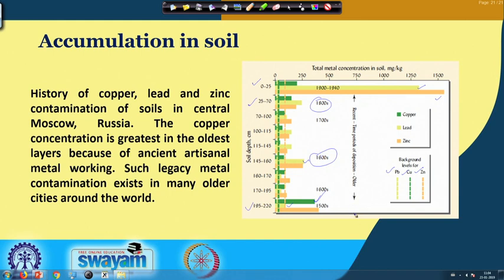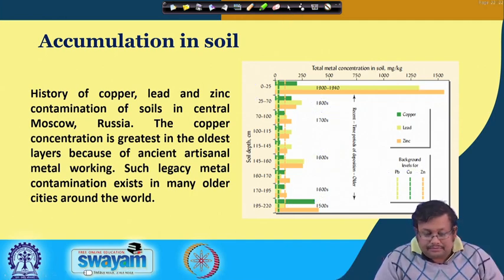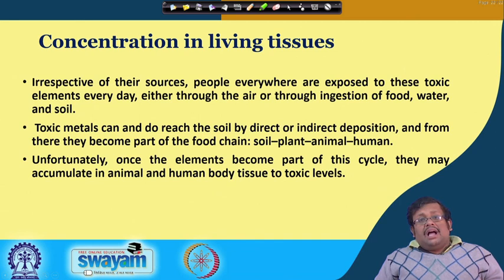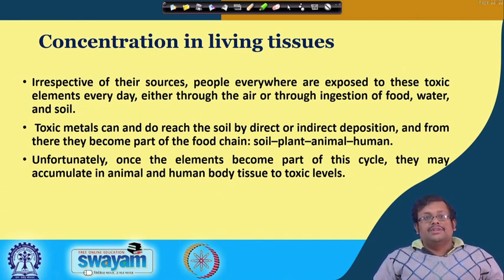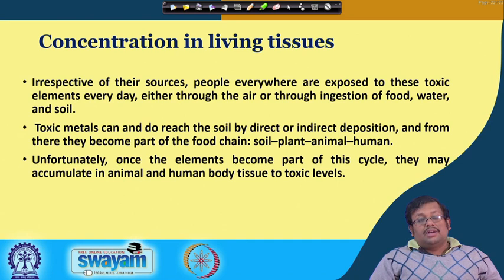So this shows the total metal concentration scenario, or how they accumulate historically in the soil, and how they get concentrated in the living tissues. Irrespective of their sources, people everywhere are exposed to these toxic elements every day, either through the air or through ingestion of food, water and soil.